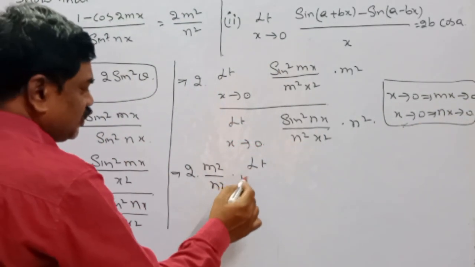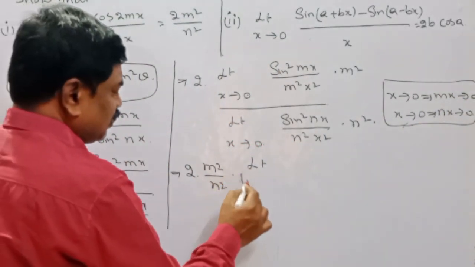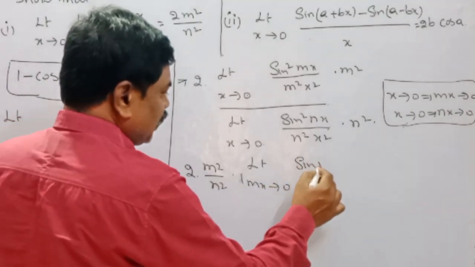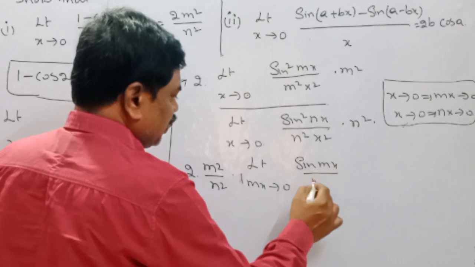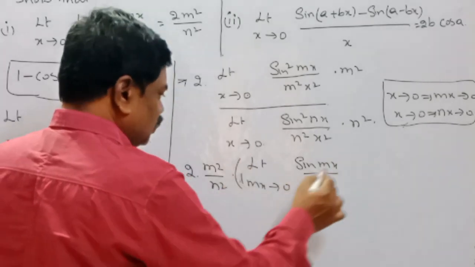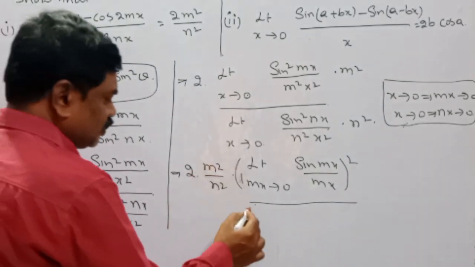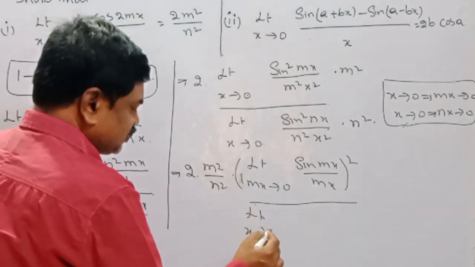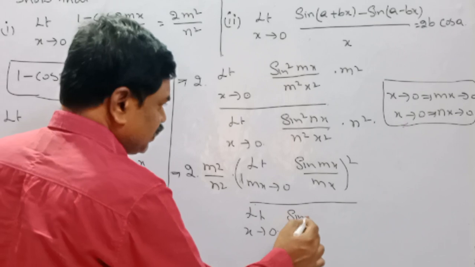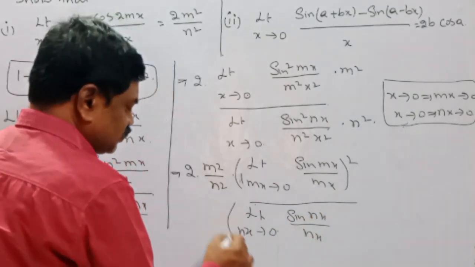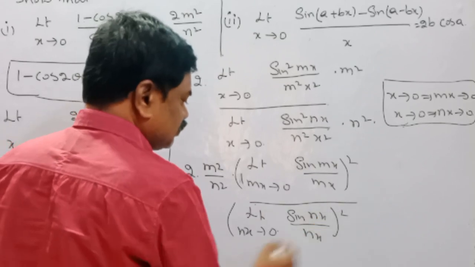So limit mx tends to 0, sin mx by mx whole square by limit nx tends to 0, sin nx by nx whole square.